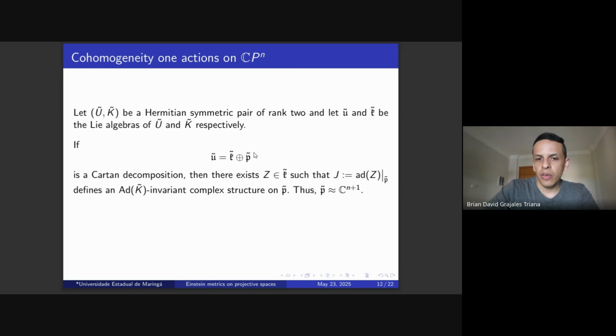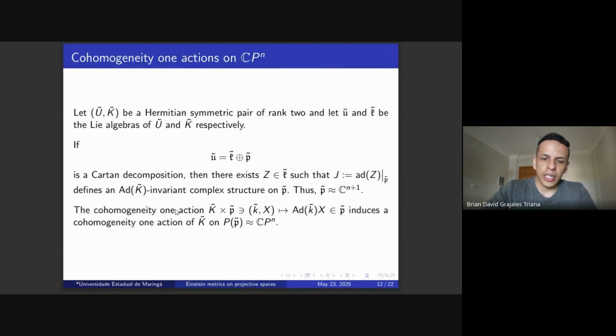So if we have a complex structure here, we can identify this subspace p with the complex space C^(n+1). So you have this action of K on p, that is the adjoint representation. One can prove that this is a cohomogeneity one action.